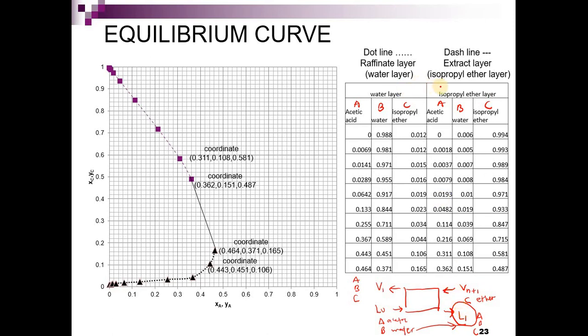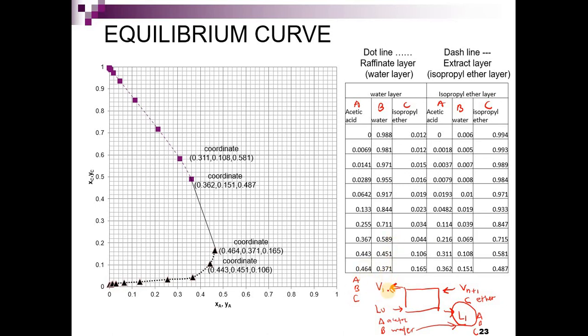Okay, so the isopropyl ether layer means at the top. Here the ether or the solvent will extract the acetic acid and will exit the system as B1 or as the extract product. So it will be rich with ether here.